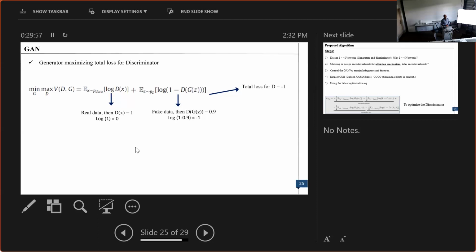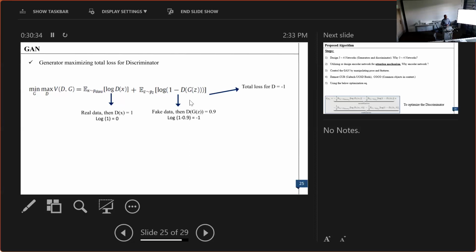As I mentioned, this is the case for the discriminator, but actually the generator is looking in the opposite direction, which means the generator wants to maximize the total loss for the discriminator. The best case for the generator is if we have fake data, and the discriminator gives a very high probability, the maximum number we can have is 1.